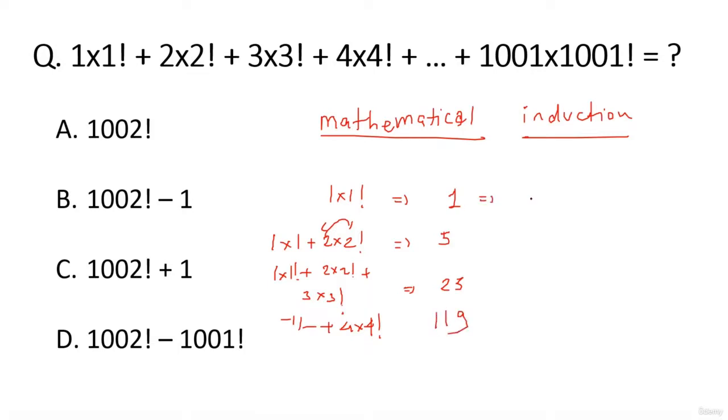So 1 is basically 2 minus 1, or 2 factorial minus 1. 5 is basically 6 minus 1, which is 3 factorial minus 1.